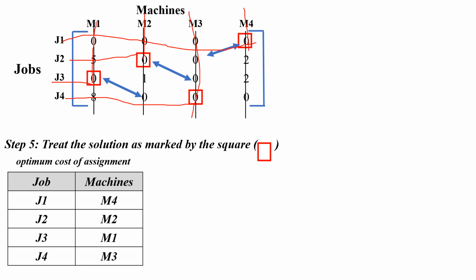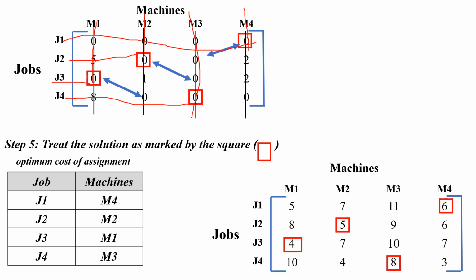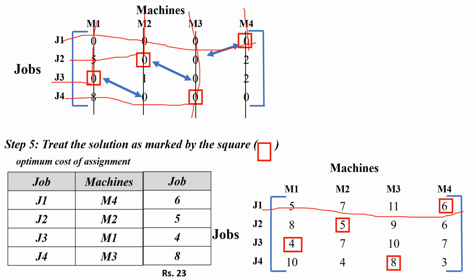And for the optimal cost, job J1 with machine M4 costs 6, job J2 with machine M2 costs 5, job J3 with machine M1 costs 4 rupees, and job J4 with machine M3 costs 8 rupees. Then the total optimal cost is 6 plus 5 plus 4 plus 8, total 23 rupees.